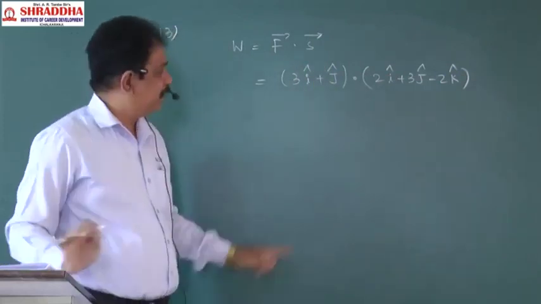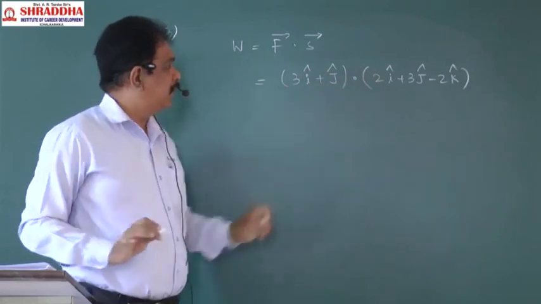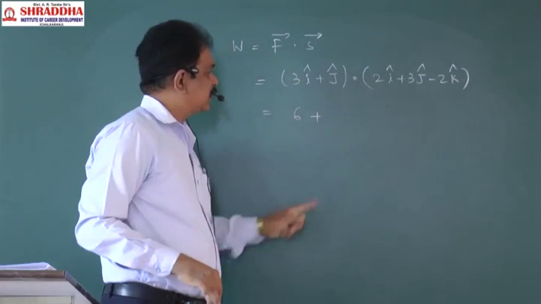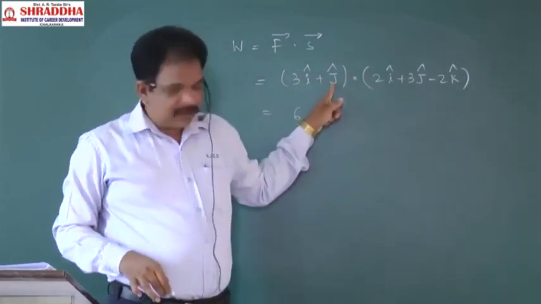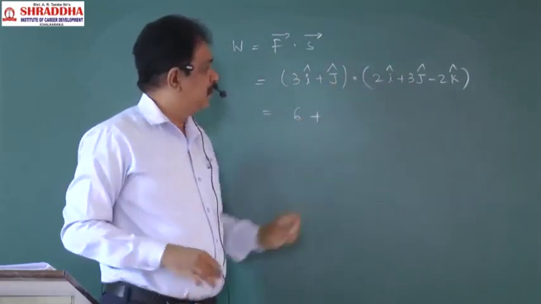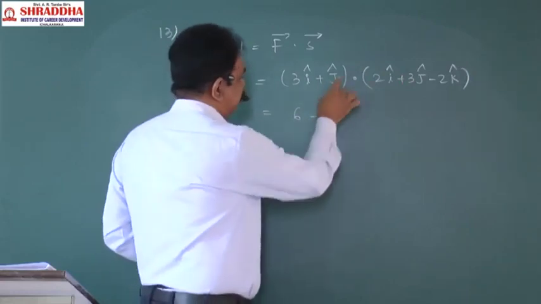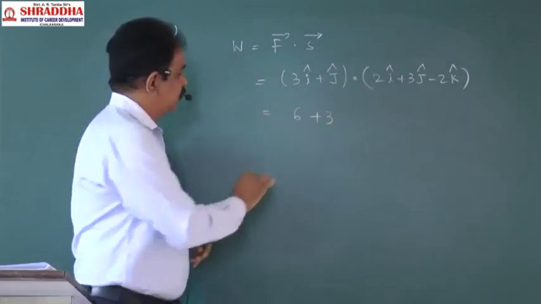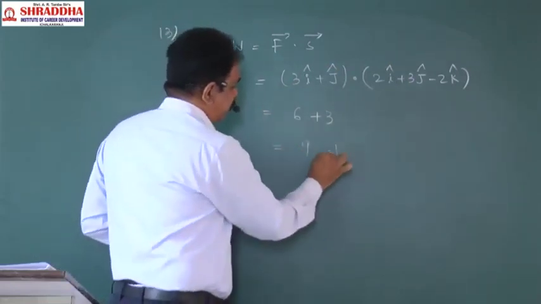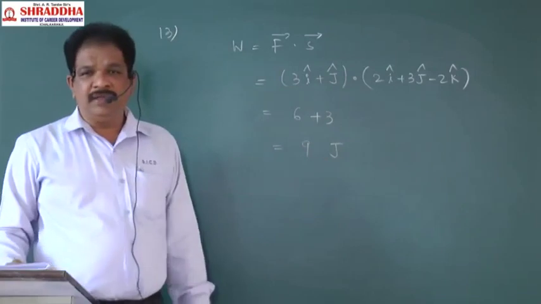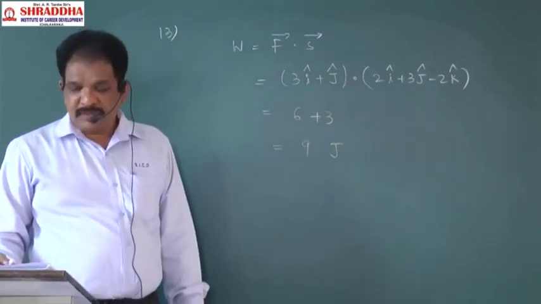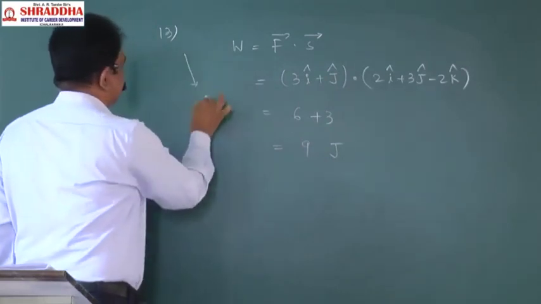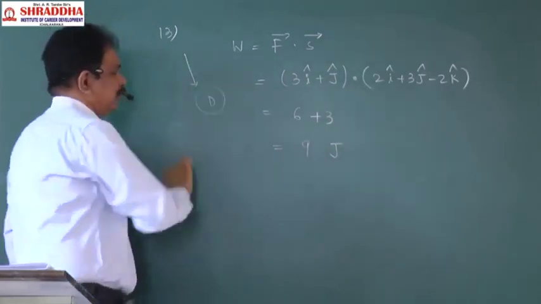Then what will happen? Dot product. I bar dot I bar will be 3 into 2, 6. Here j is there, 1 into 3, that will be 3. Here no k, so no need to consider that. So this value will be 9. Unit will be joule. So the answer for this is D. Question number 13, it will be D.